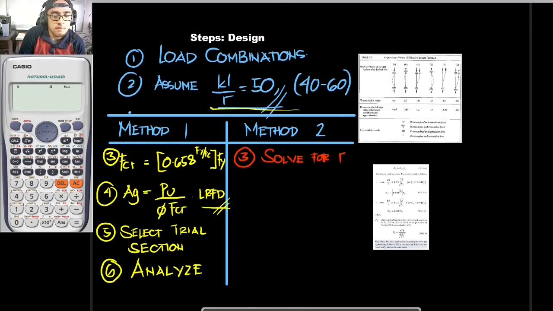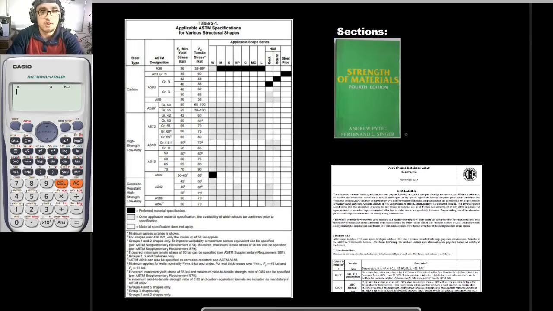How can we solve for r? If you can remember here, we have assumed your KL over r, or slenderness ratio, equal to 50. So for us to solve for r, diba, KL over r is equal to 50. So from that, r is equal to KL over 50. And after you have solved for the value of r, you would be using your r to select your sections right here, dito sa ating database na to.